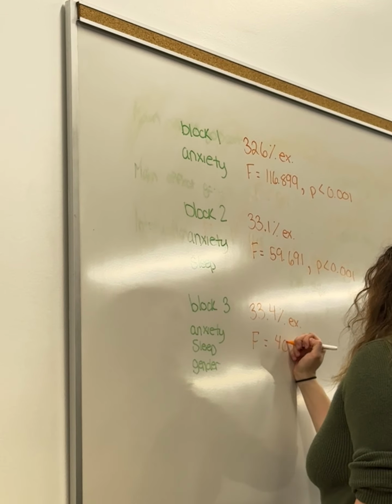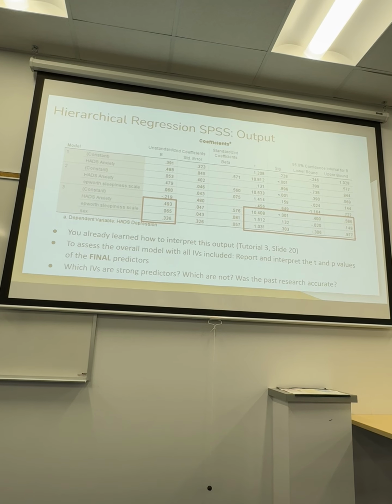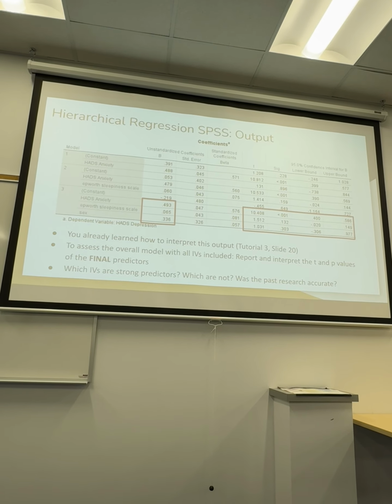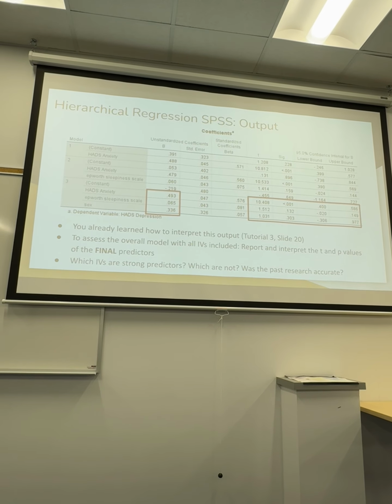Yeah? Okay. Now, this is the actual output for your hierarchical regression. You guys know how to interpret this. It's the exact same thing with a whole bag more rows. So we basically just have to figure out what rows we want to interpret. The only difference with this table is that it's not going to be as redundant.